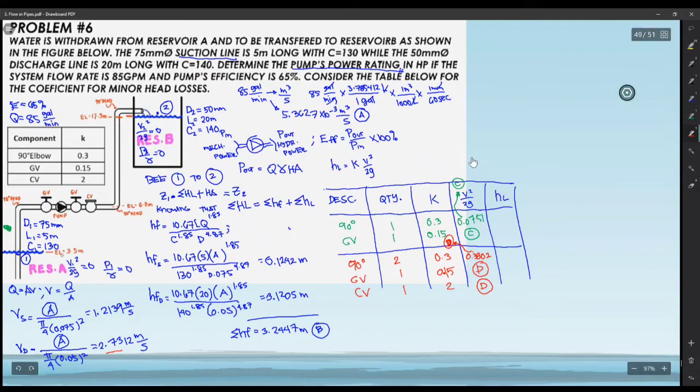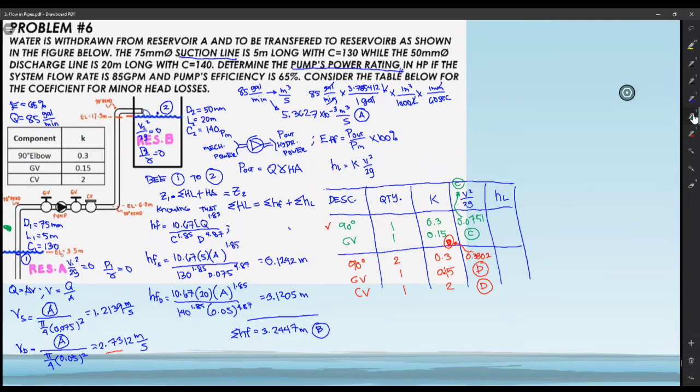So, ang gagawin natin, again, head loss, ito yung kanyang equation. Okay, so, K, so 0.3. Unahin natin itong para sa pinakasimula. So, 0.3 K. And then, yung kanyang velocity head na store sa C. So, K times C. And then, quantity. So, times 1.